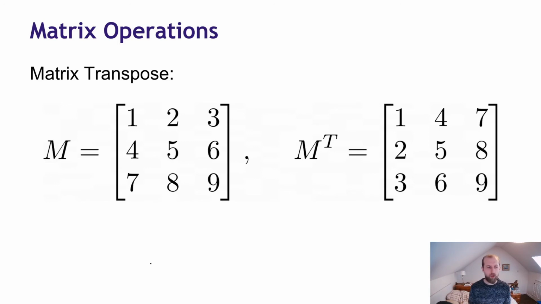Then we've got the matrix transpose. So when you have this matrix M, if you want to transpose it, essentially we're doing a flip in this diagonal axis. So the 2 and the 4 swap places, the 7 and the 3 swap places, the 8 and the 6 swap places.